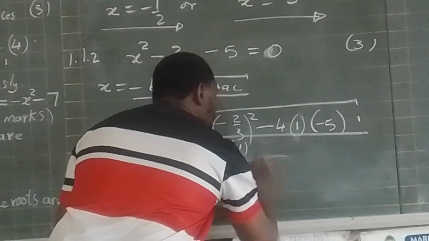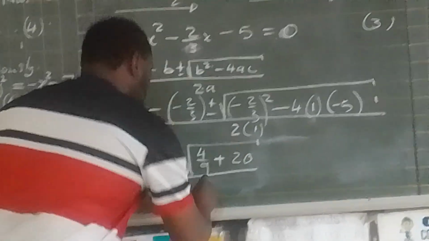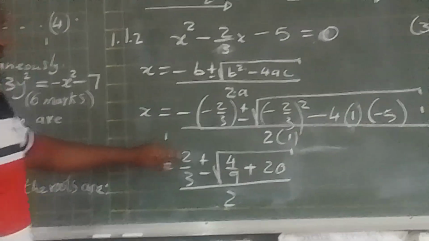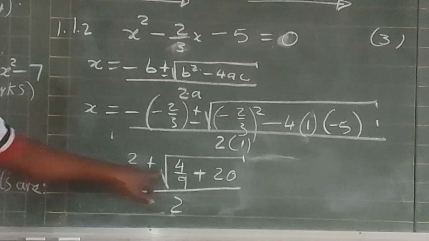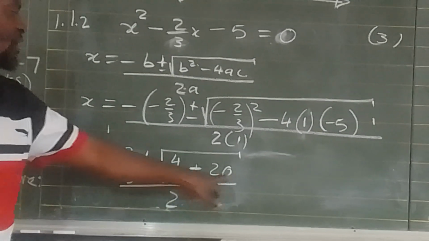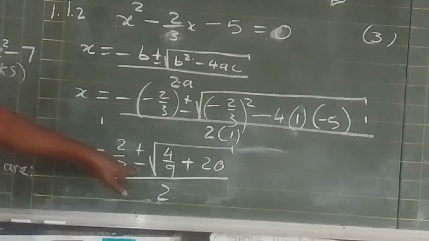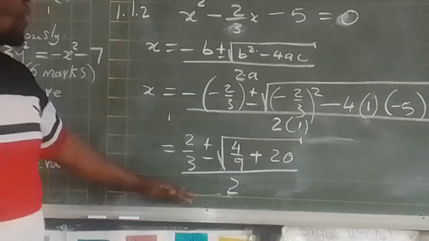Now we have 20, which is going to be divided by 2. So in this, we've got a two part. We have the first part as x is equals to 2/3 plus a square root of 4/9 plus 20 all over 2, or 2/3 minus a square root of 4/9 plus 20 all over 2.